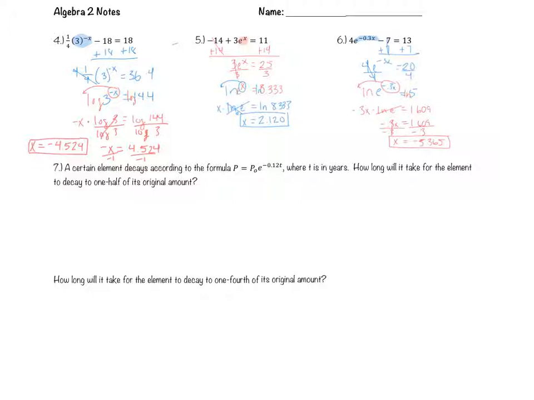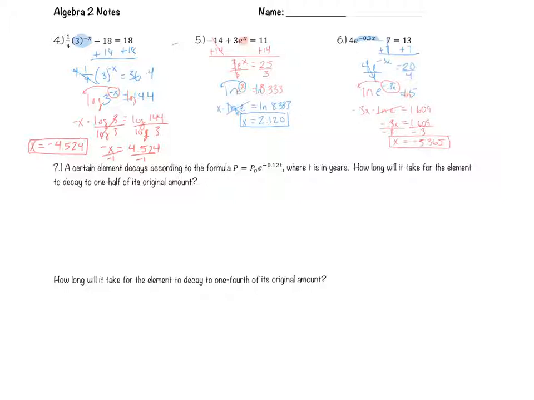Before, we had to do this graphically. We had to put the left side into y1 and the right side into y2 and somehow search for the intersection point. And if I didn't point you in the right direction, you'd probably be searching forever. So logs are definitely the quicker way of doing this rather than using your graphing calculator to find them on a graph.